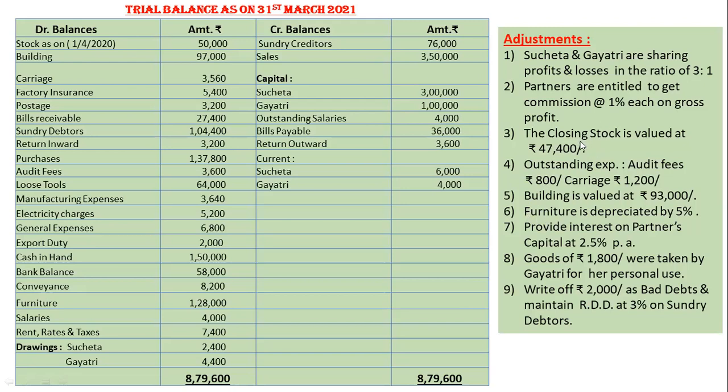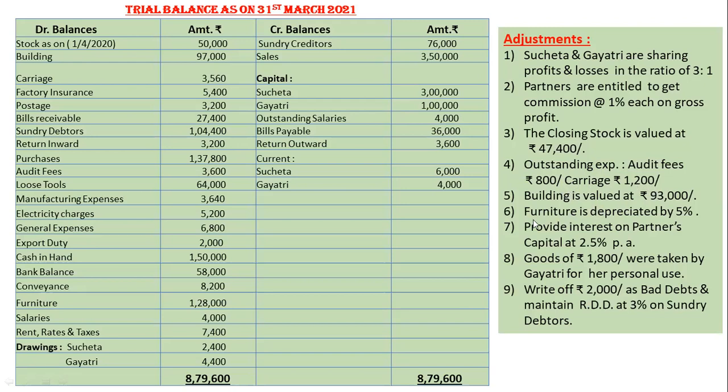Third adjustment: the closing stock is valued at rupees 47,400. Its first effect would be on the trading account credit side, and the second effect will be on the balance sheet asset side. Fourth adjustment: outstanding expenses, audit fees rupees 800, carriage rupees 1,200.